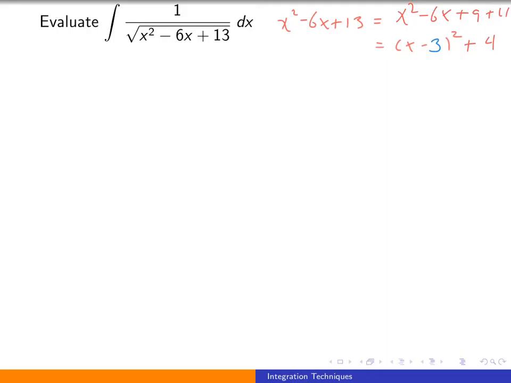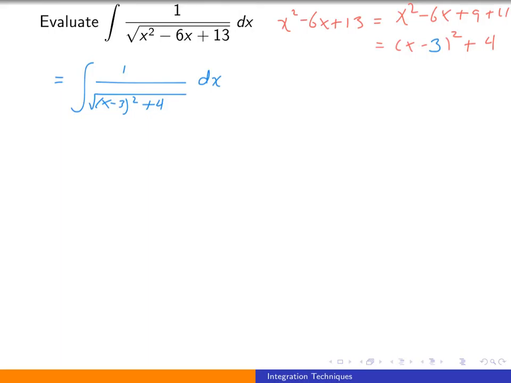So rewriting our integral, it would be 1 over the square root of the quantity x minus 3 squared plus 4. Now looking at our integrand, seeing this x minus 3 squared plus 4 is an indicator that we want to use a trigonometric substitution.